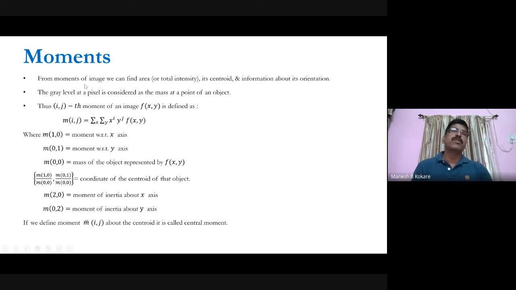From the moments of the image, we can find the area or total intensity, its centroid, and information about its orientation. The gray level at a pixel is considered as a mass at a point of an object. As I told you, this concept is borrowed from physics.